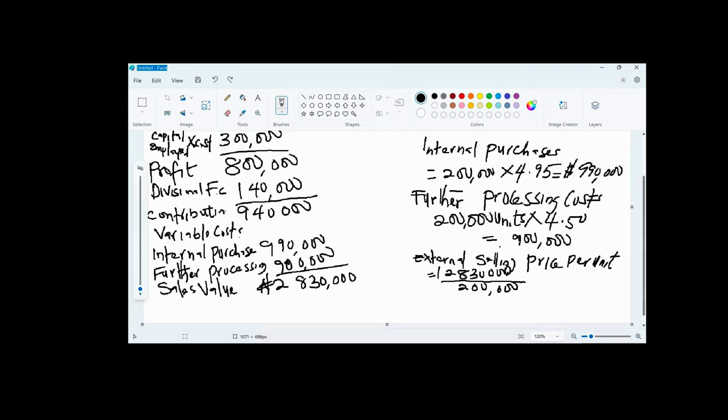This will give me 14 naira 15 kobo. That is the external selling price of Beta. You are done with B.